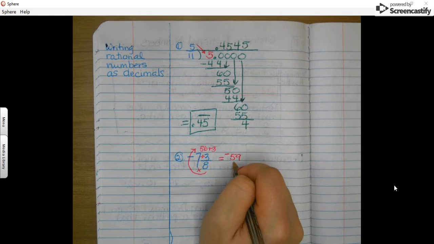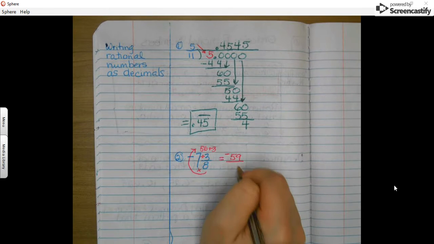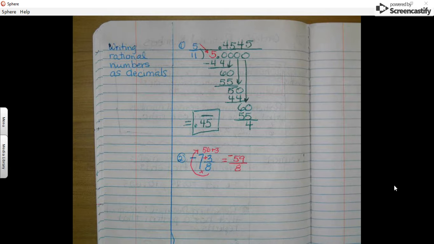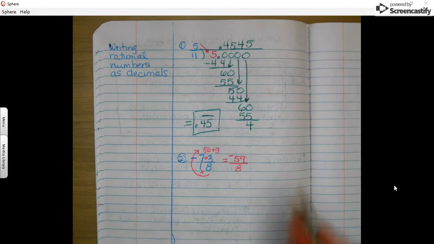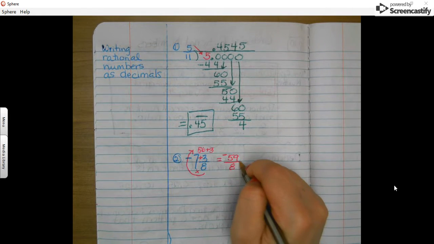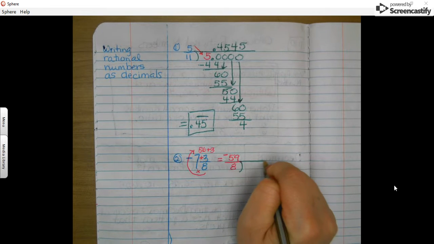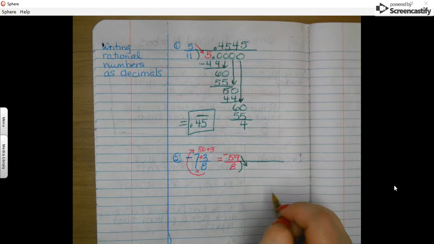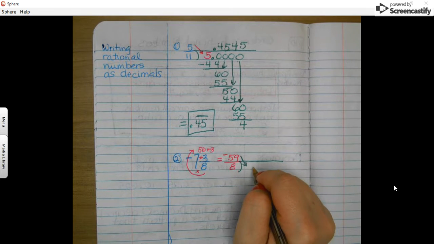And I'm going to put that -59 over the original 8, right? So now I can turn that fraction into division to get my decimal. So I'm going to put my long division sign right on the side, and I'm going to carry that 59 down straight into my division symbol.